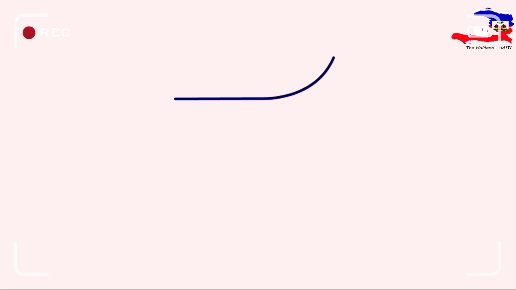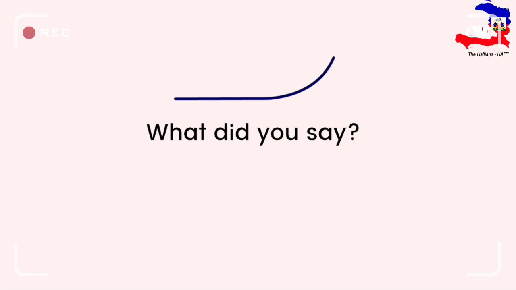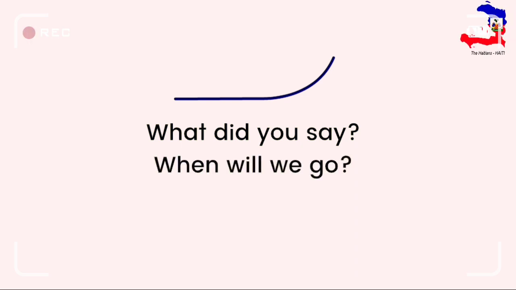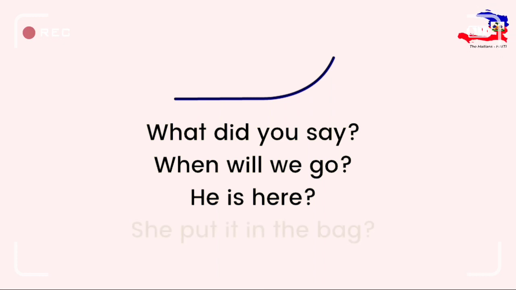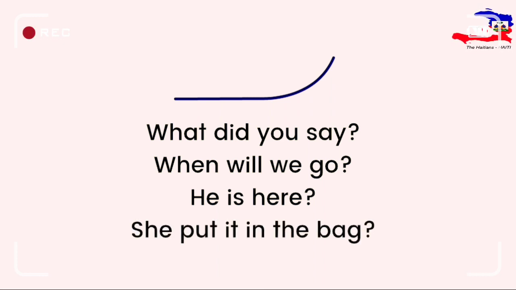Listen to these examples. What did you say? When will we go? He is here? She put it in the bag? Understanding punctuation marks helps us identify sentences and read them aloud with correct intonation.